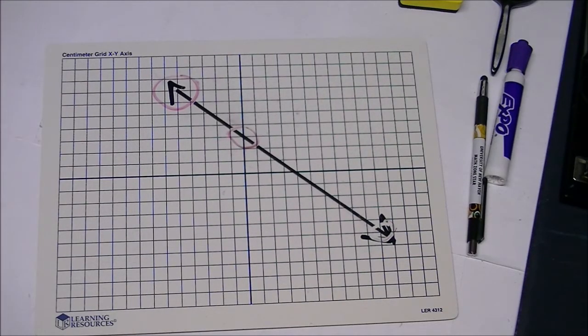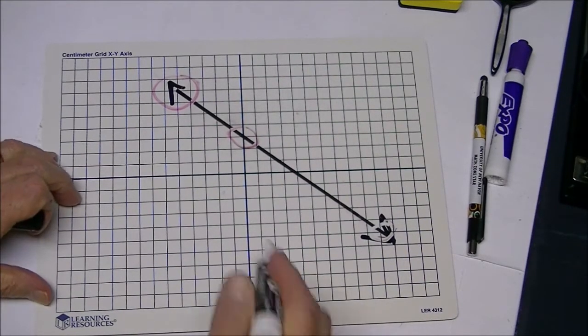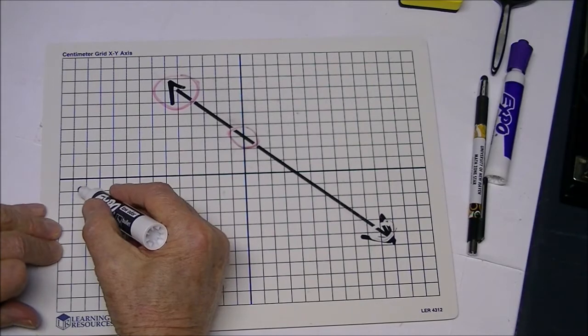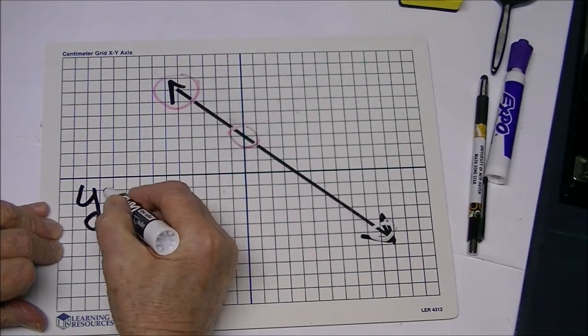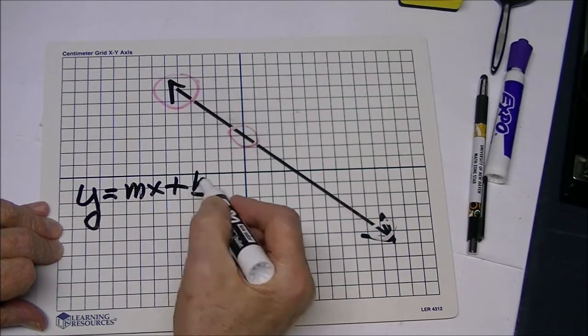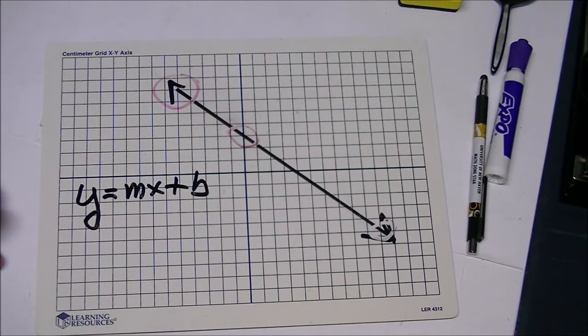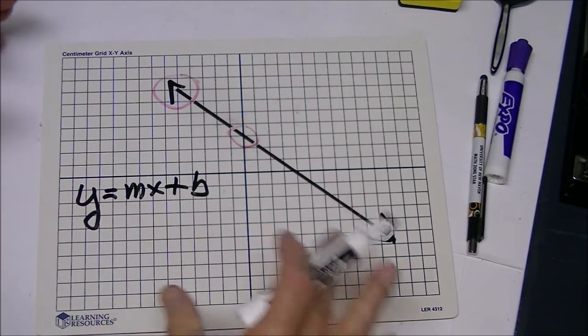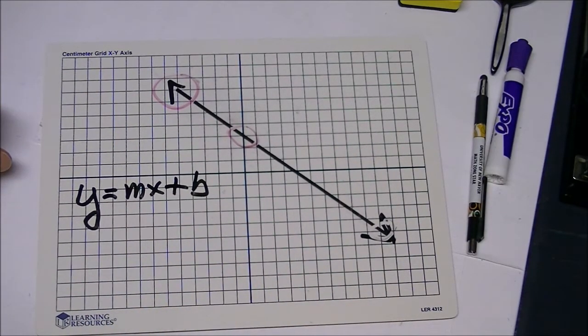Now I did mention in the other video that we can actually determine the equation of the line, and it would be y equals mx plus b. That would be our general form. And so what do we know about this?